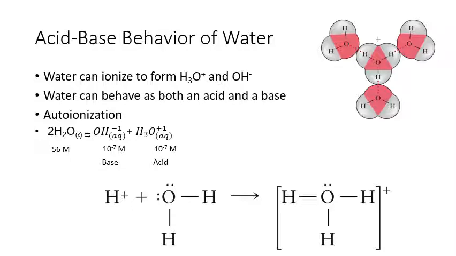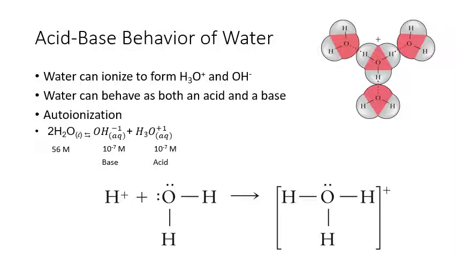The average concentration of water, just like a glass of water, if you took some water and you were to count how many water molecules there are, or if you figure out the density of water and use the density of water to figure out how many molecules are present, it comes out to be about 56 moles per liter of water. So 1 liter of water contains 56 moles of water molecules. There's lots of water molecules present in a cup of water. So 1 liter of water normally has about 56 moles of H2O.